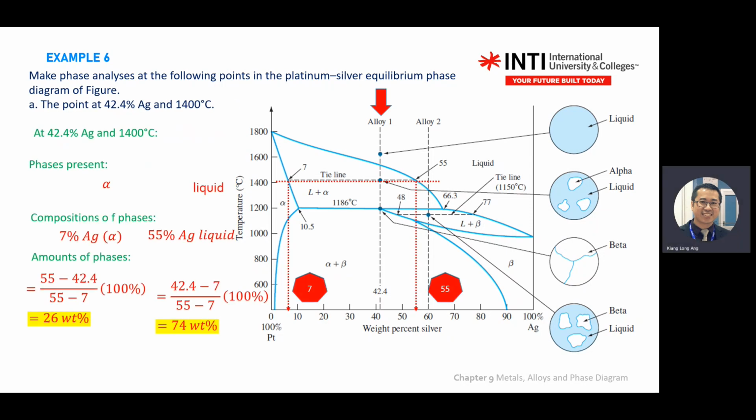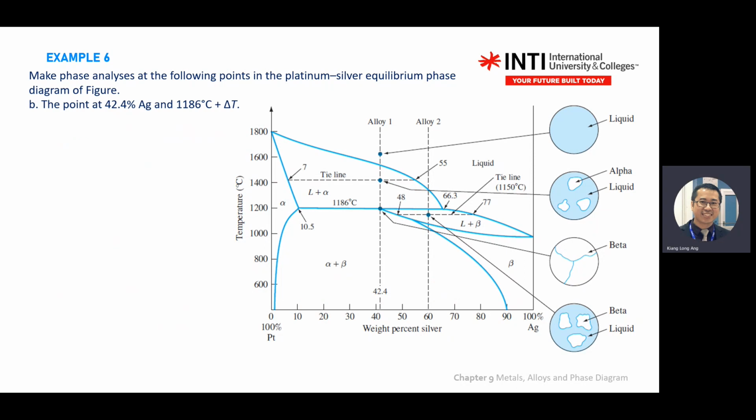Okay, point B, repeat the same process. Now point B, 42.4% is still the same, but the temperature changes. 1186 is the peritectic temperature, but this is just above the peritectic temperature. Okay, where is it? It's just above this one. So on the left, just above, it means you have alpha, a bit of liquid and alpha, and also full liquid.